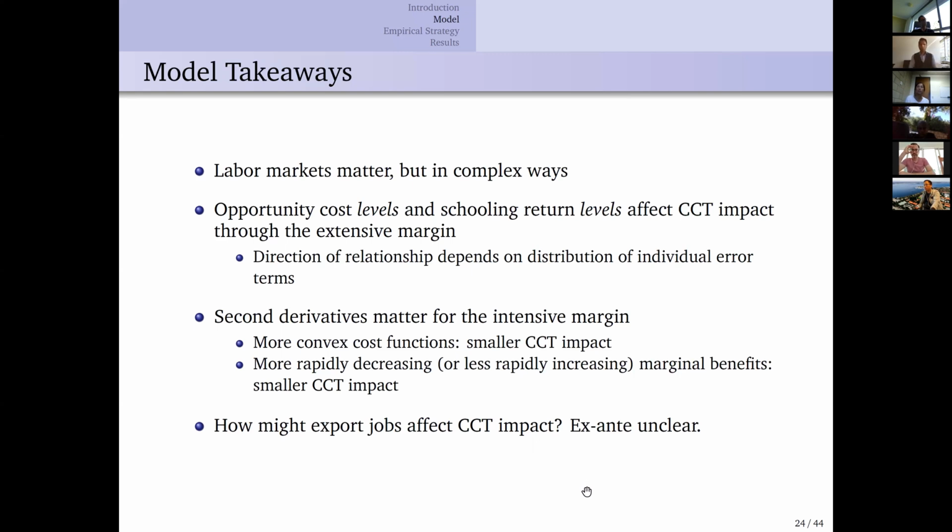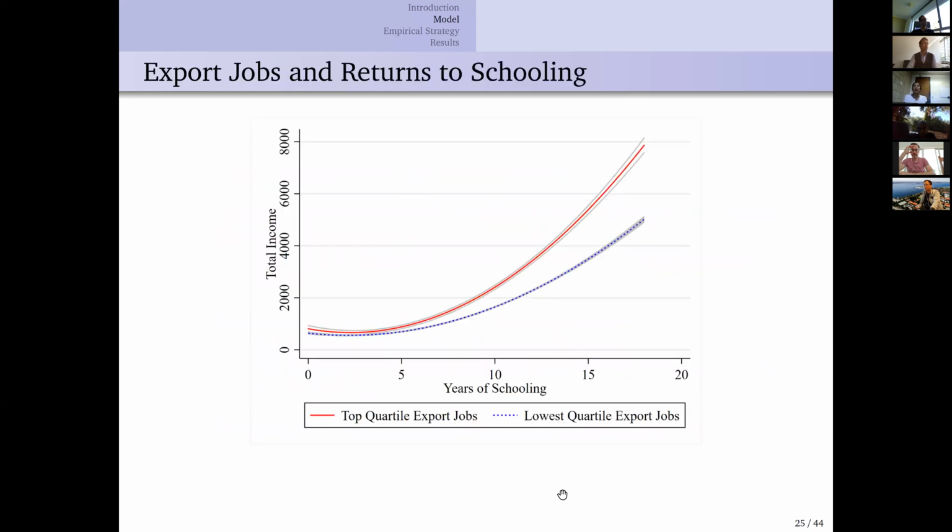To try to think about what we might expect, I'm showing you some figures here relating to those second derivatives. It's generally harder to capture these second derivatives. We don't have good measures of them, but what I'm showing here are basically just the quadratic fits between income and years of schooling, where you have the top quartile of areas with lots of export jobs and areas with fewer export jobs.